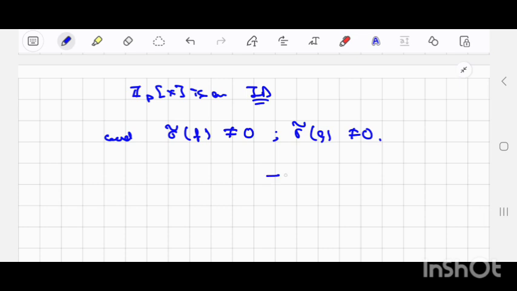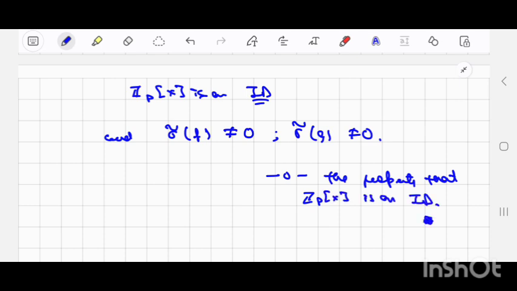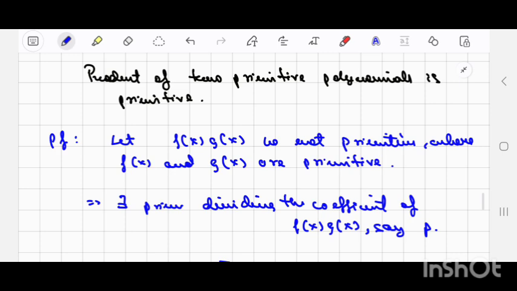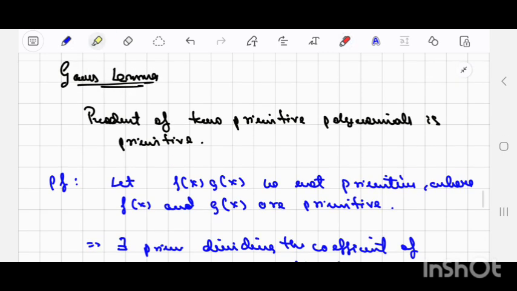So that contradicts the property that Z_p[x] is an integral domain. Clear? Therefore we have proven by contradiction that the product of two primitive polynomials is also primitive, and this is something you need to keep in your mind for a long time.